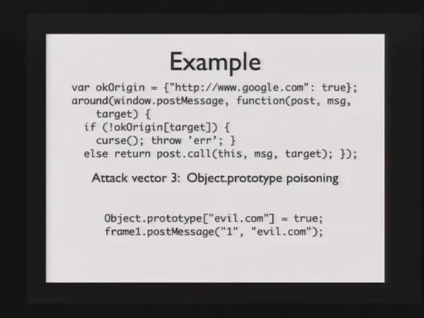But then the finding mechanism will go up to the object prototype, which is kind of the superclass, and it will check over there. And there it finds that evil.com is matching to true. So OK origin of target will return true. So again, this is a very, very dynamic construct. And this is not what the people probably writing the security policy had in mind.